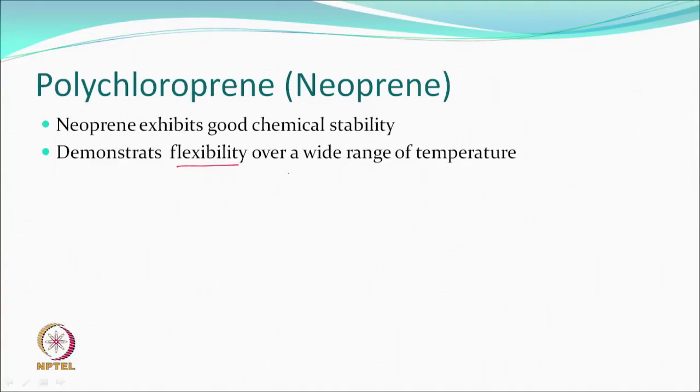If you have a knitted structure, it can stretch and come back, and these kinds of products obviously do not allow, let us say, water to penetrate, or if you have products which are waistbands and you do exercise, a lot of sweat comes out and the sweat will not pass through to the textile and remains outside. Those types of applications people do use, and in general it has been seen that it is quite flexible over a wide range of temperatures, and does not degrade very easily. So, this is an interesting rubber.